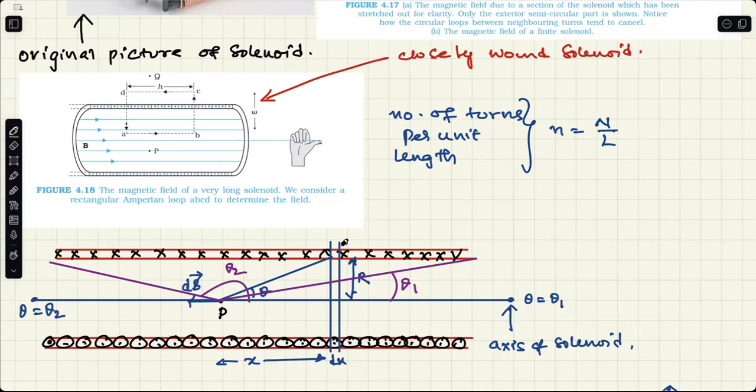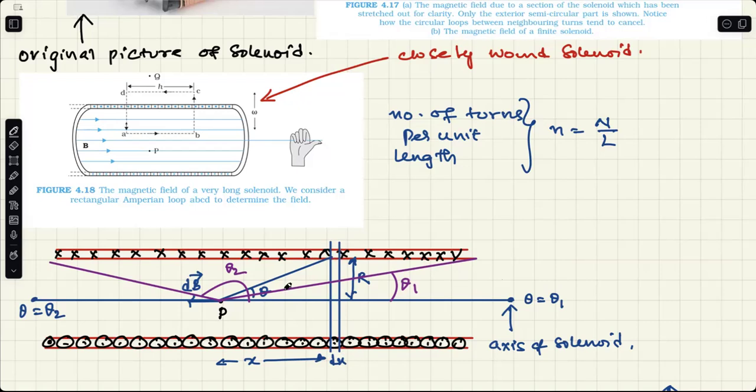Now I am taking one such element over here. I am taking this point P as my reference point, where I would like to determine the magnetic field. Remember, this line is the axis of the solenoid. The element is of length dx.